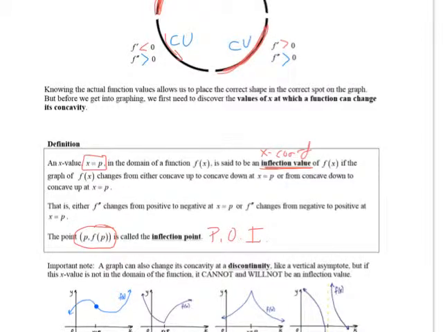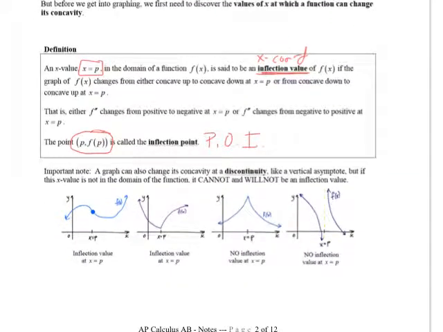Looking at this diagram here, we have concave down behavior switching to concave up. So we have an inflection value at x equals p, and we have a point of inflection at the x-coordinate and then the y-coordinate. This one, we got concave up to concave down, so that's also an inflection point.